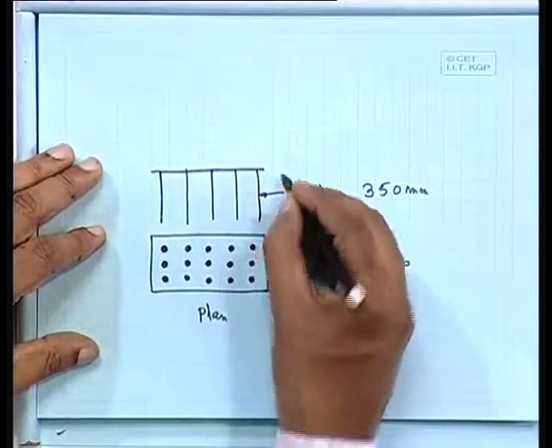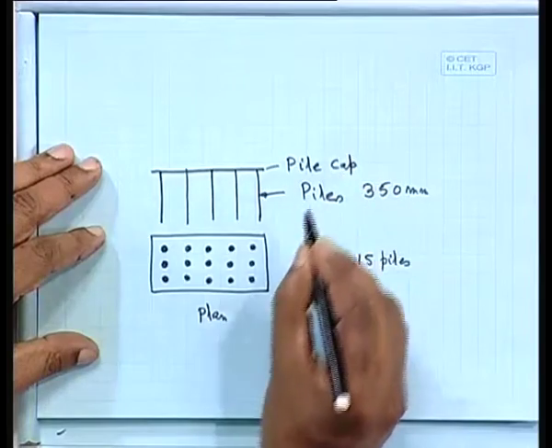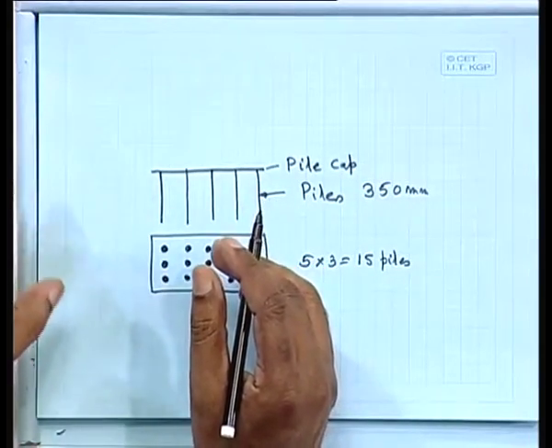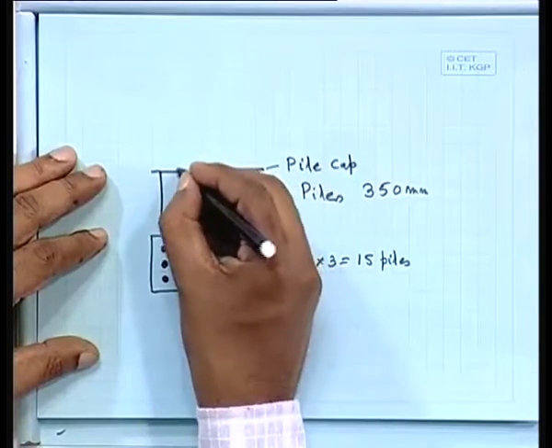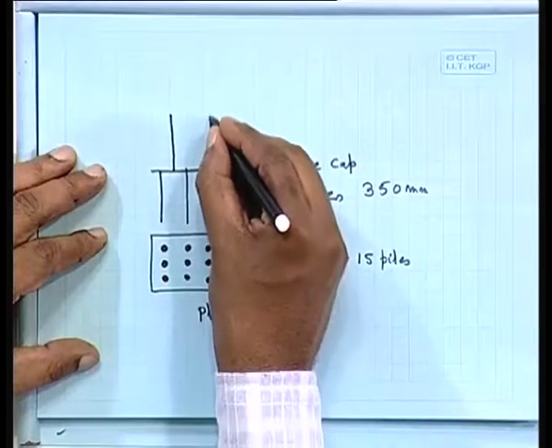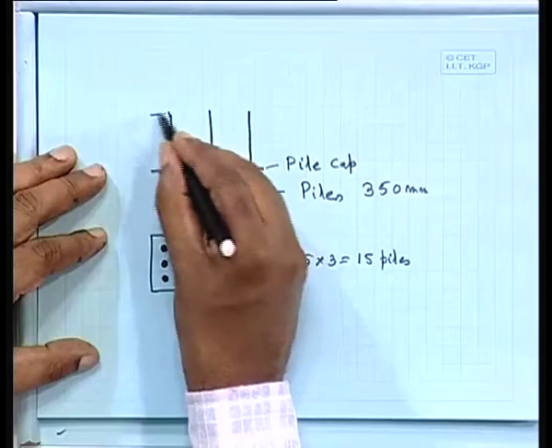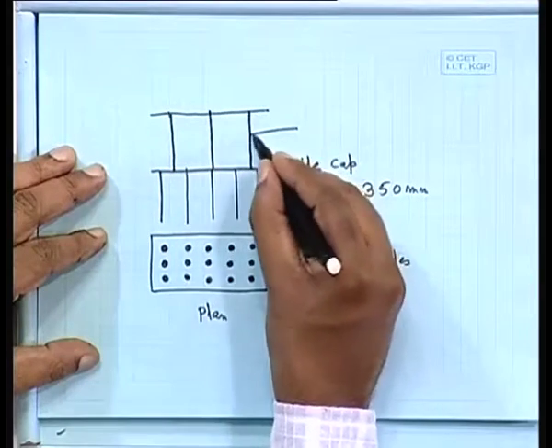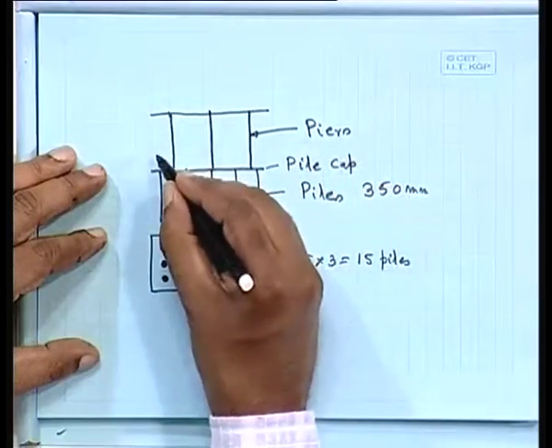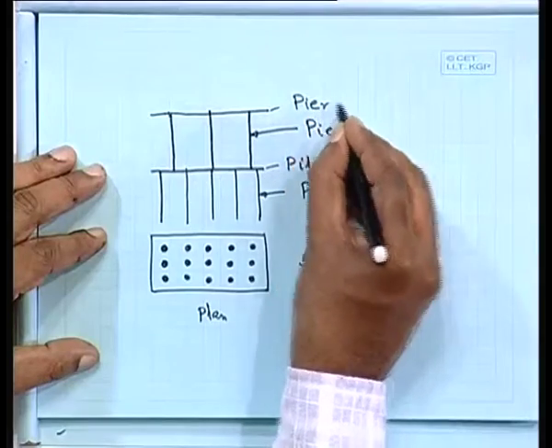Over that is called the pile cap. Over that we should have, I am talking about bridges, maybe 3, just a schematic I am talking about. These are called piers, each of them a pier, and this is called the pier cap.